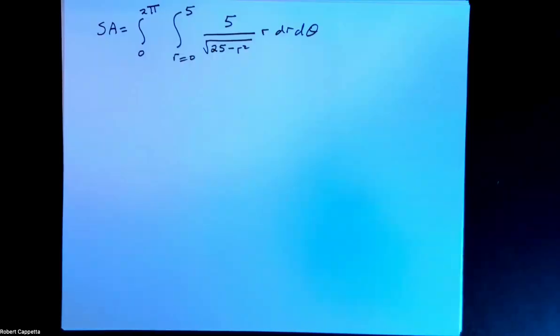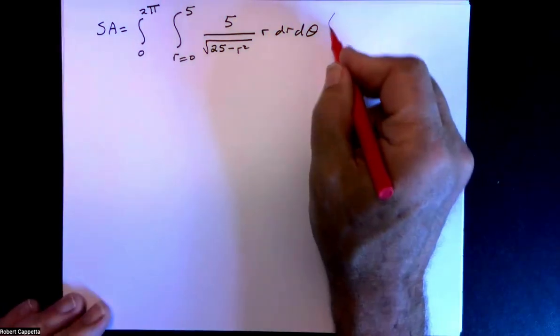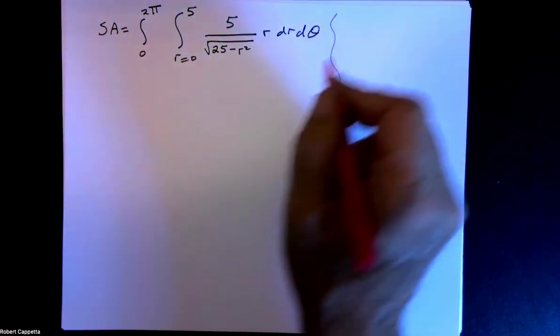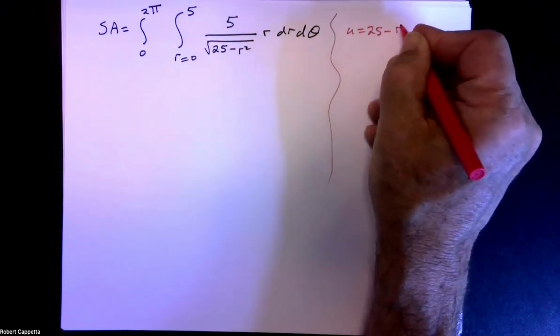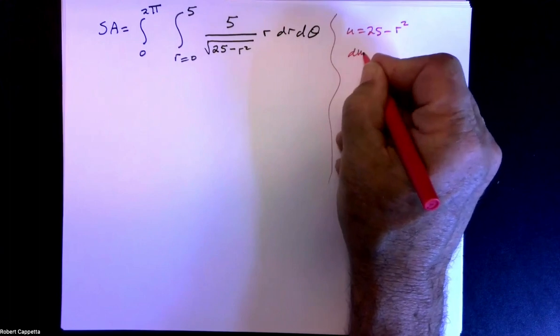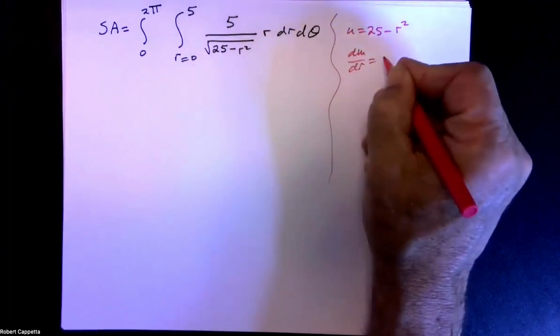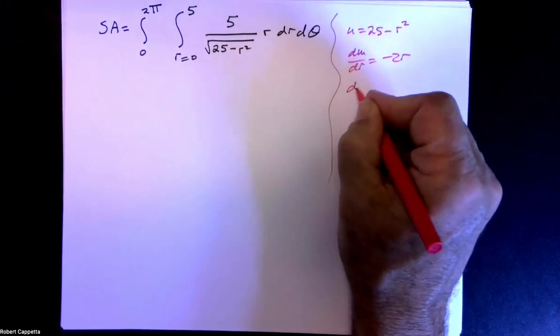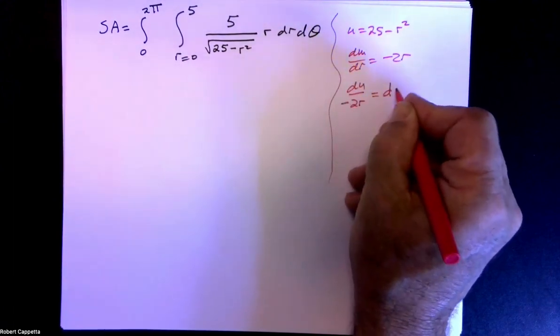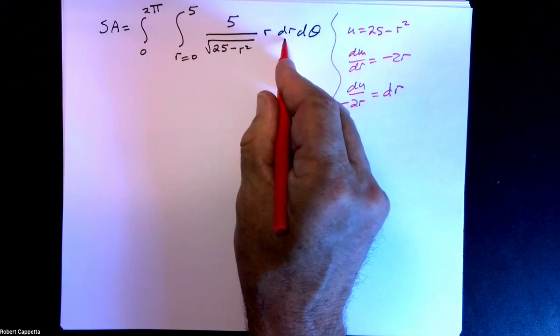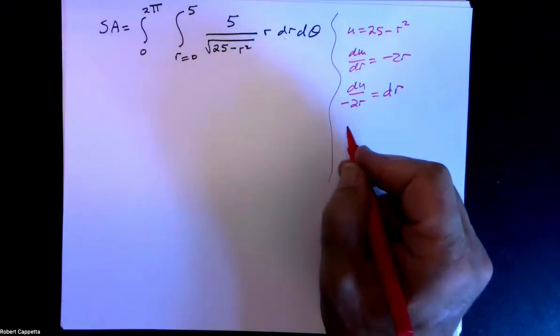So here's the integral we need to work on, and u substitution will be the direction that I want to go. So let's see, we're going to let u equal 25 minus r squared. So du/dr is negative 2r. du divided by negative 2r equals dr. That'll enable me to simplify that.